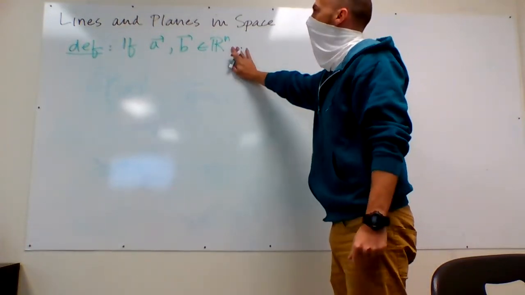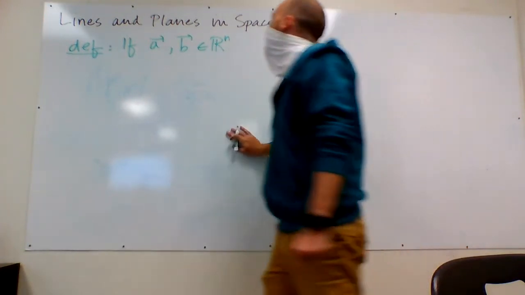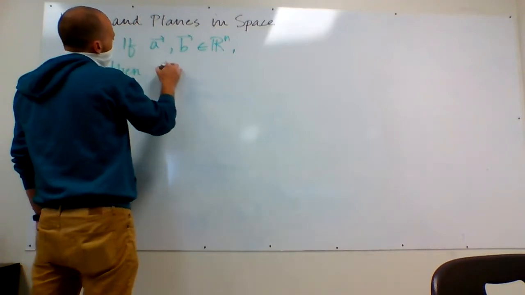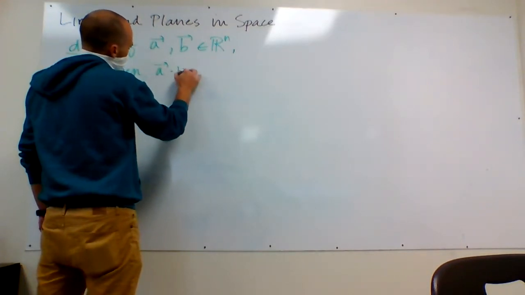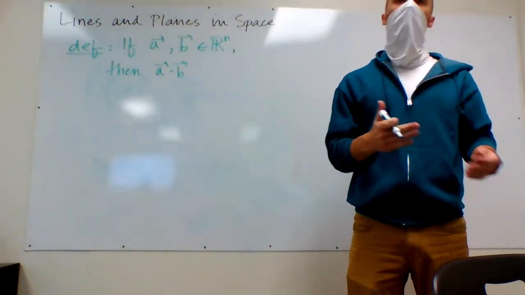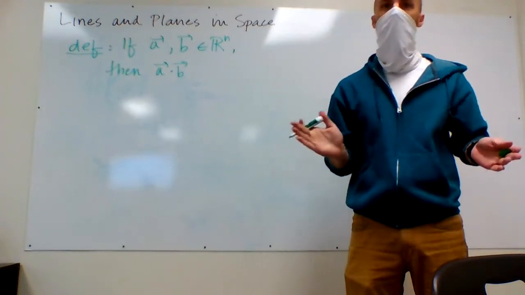If A and B are n-dimensional vectors, meaning they're vectors that just have n components in them, then A dotted with B is a way that we can multiply vectors and get back a number. What it really does is it measures their relative lengths and how they sit with respect to each other.